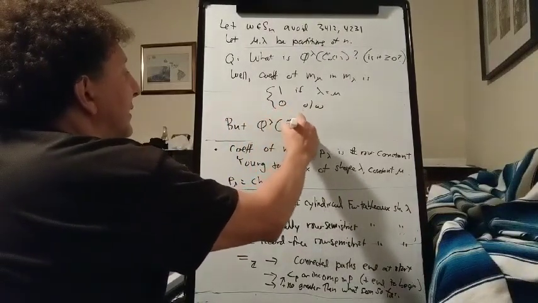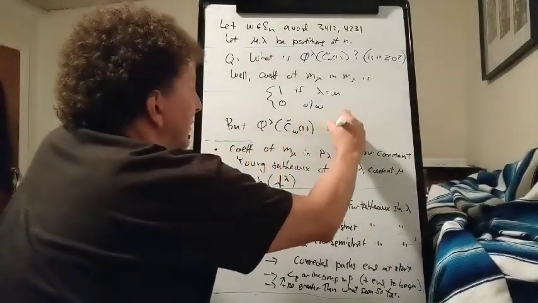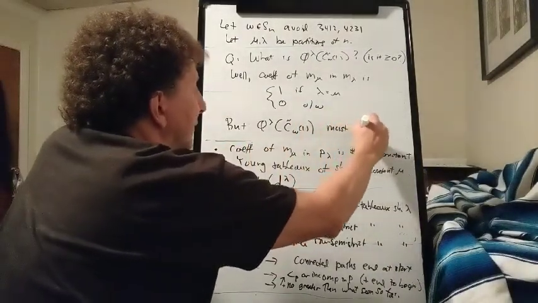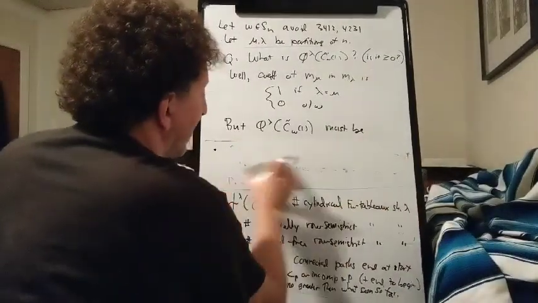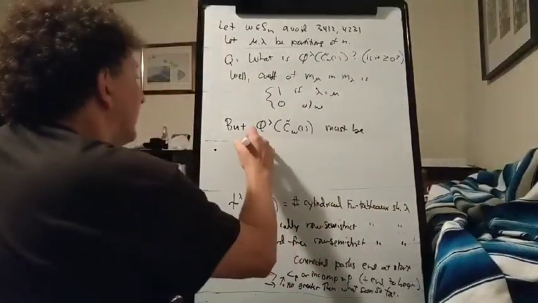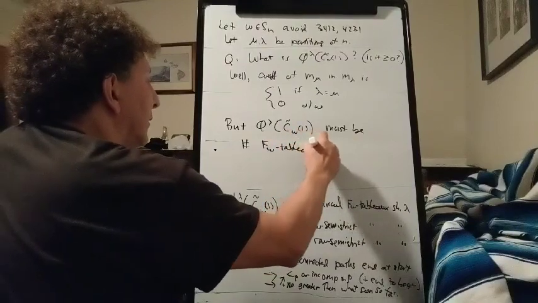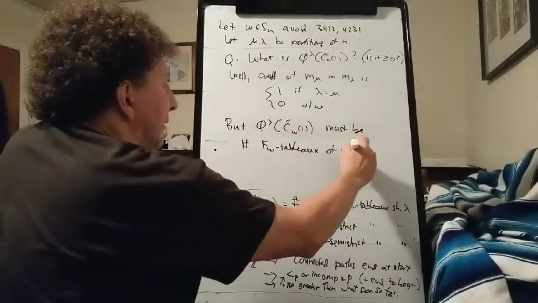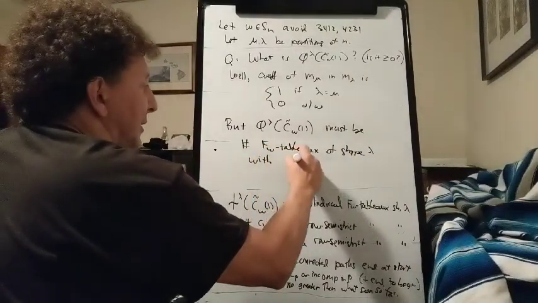But I'd still say, if this is non-negative, this must be the number of F_w tableaux of shape lambda with some property.